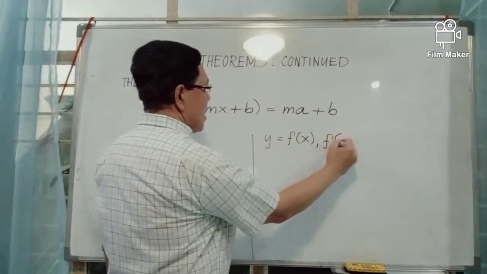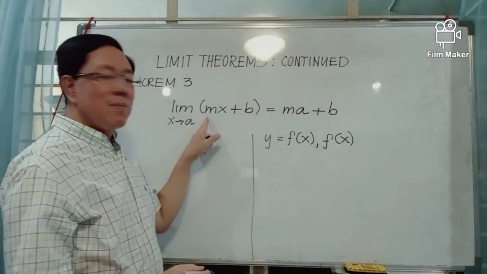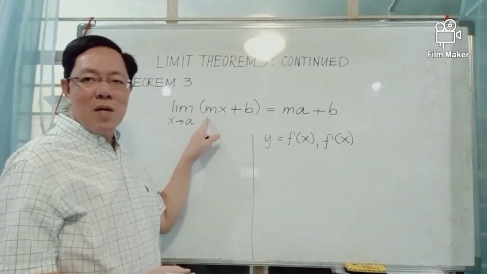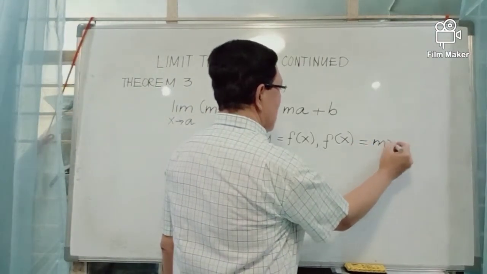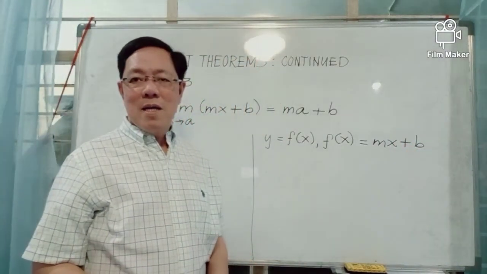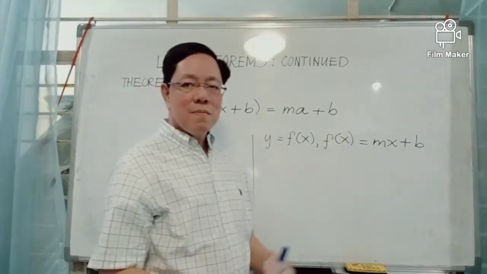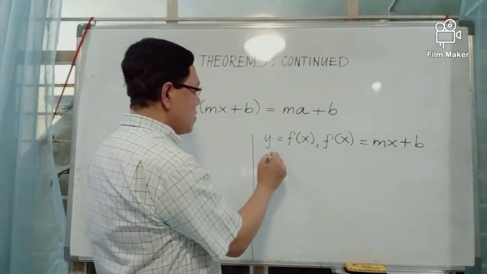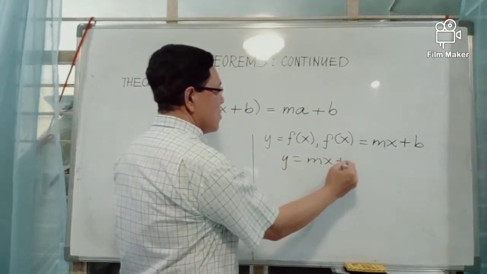Our function of the independent variable x is now given by this linear expression mx plus b. And then by transitive property of equality, we say that y equals mx plus b.